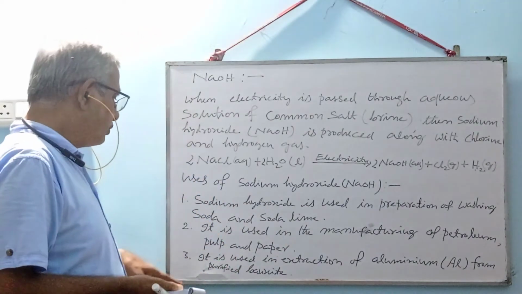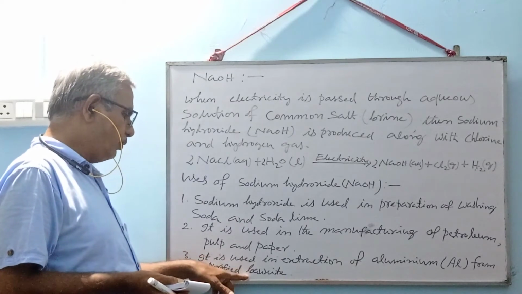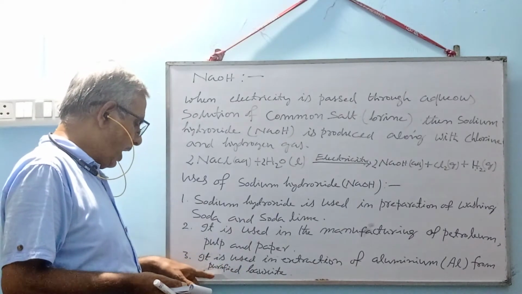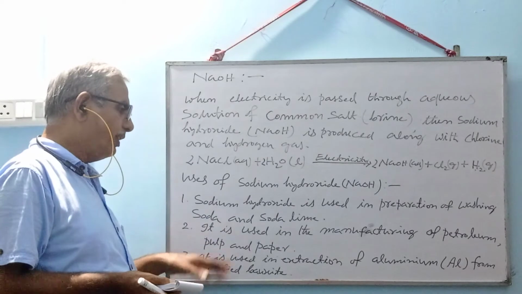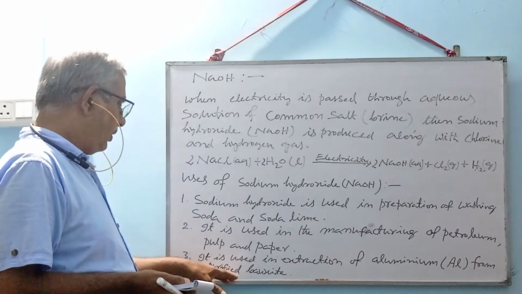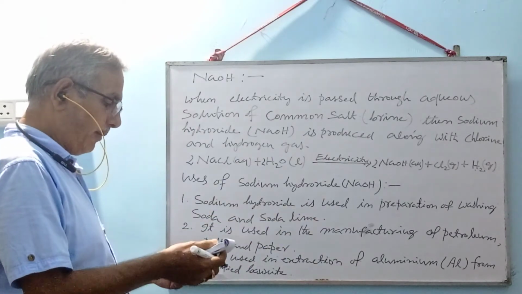First of all, bauxite ore is refined or purified. After purification of bauxite ore, we are getting aluminium.